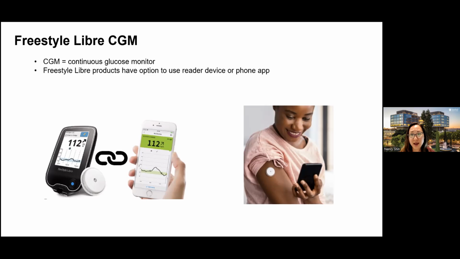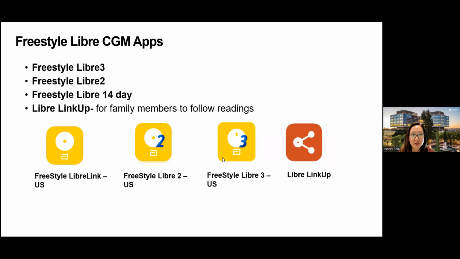But you can also get an app on your phone for free that does the reading for you. The current ones on the market are the Freestyle Libre 3, the Libre 2, and the Libre 14-day. The 14-day and the 2 do require scanning, whereas the 3 does not require any scanning. But all of them do have apps that you can get to receive the glucose data.